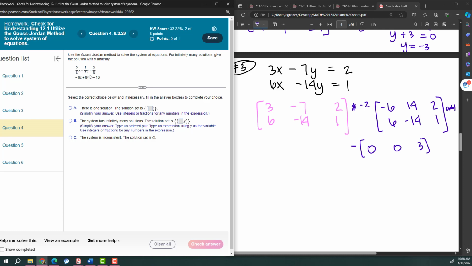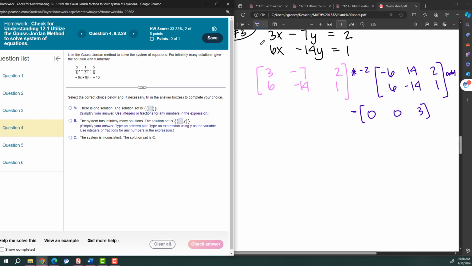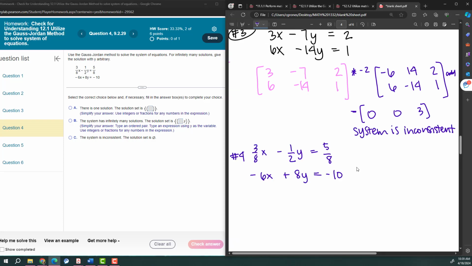All right, let me do this one, number 4. All right, so let's put it into our matrix. I've got 3/8, -1/2, and then 5/8, and then I've got -6, 8, and -10.